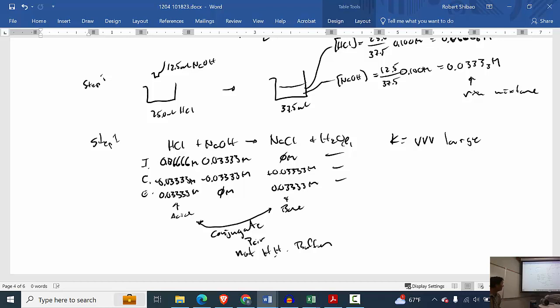One is this acid is strong. This base is so weak we call it neutral. Henderson-Hasselbalch requires both the acid and the base to be weak. And so it's not Henderson-Hasselbalch because it's strong and neutral.